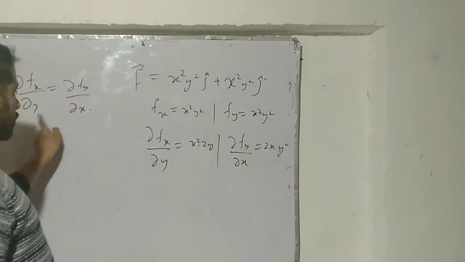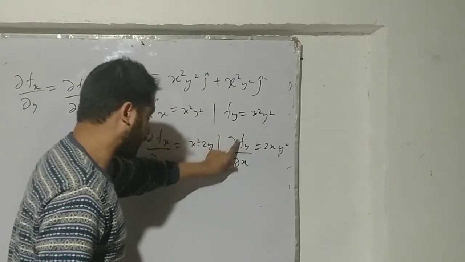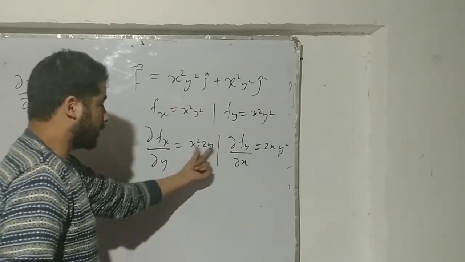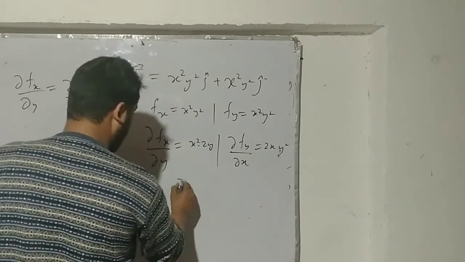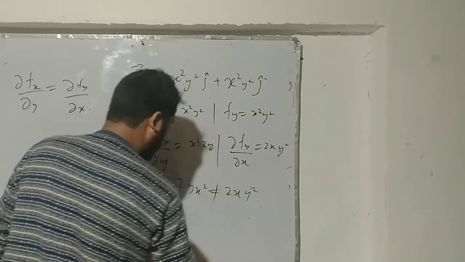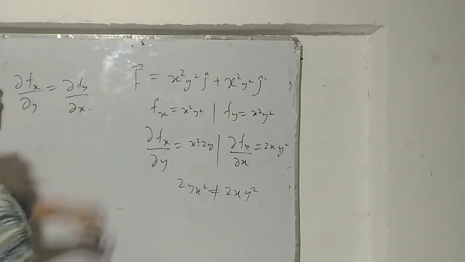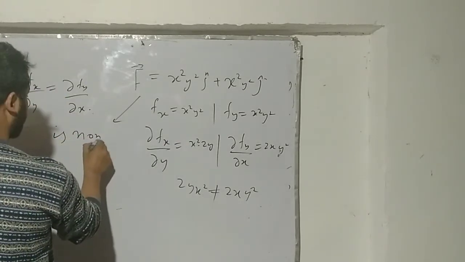This condition tells me that these two must be equal. This is only possible when the right hand sides are equal, but the right hand sides don't seem equal, meaning that 2y x square is not equal to 2x y square. So basically the given force equation is non-conservative.